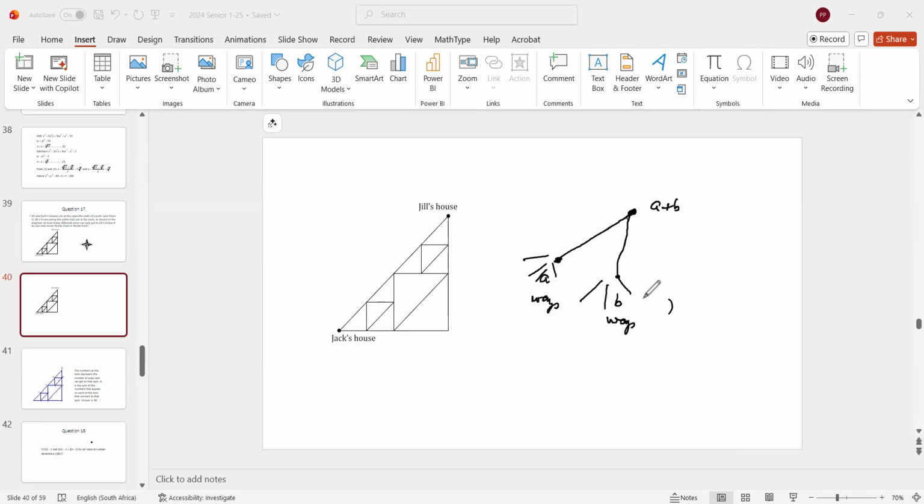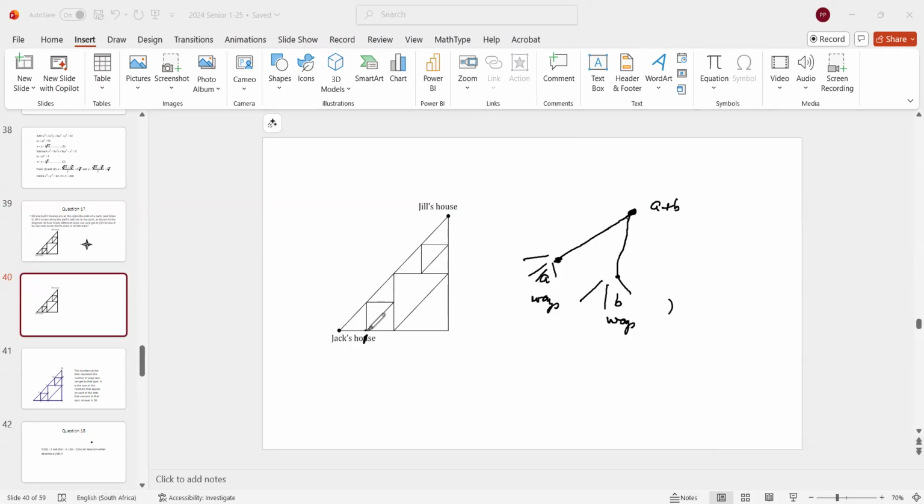And likewise, you have this. So when you have a setup like this, you can always add these two. And that's going to help a great deal. I'm going to put the number of ways in which you can get to a given point as a tag at that point.